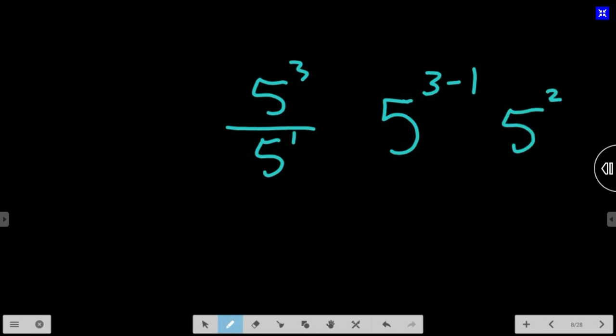Well, how else could I write that? What does this tell me? Multiplying 5s. How many of them? 2. So what does that give me? 25. Either or. On your test, some of them come to you like 5 to the 2nd, others will come to us 25. You've got to be able to flip between them.